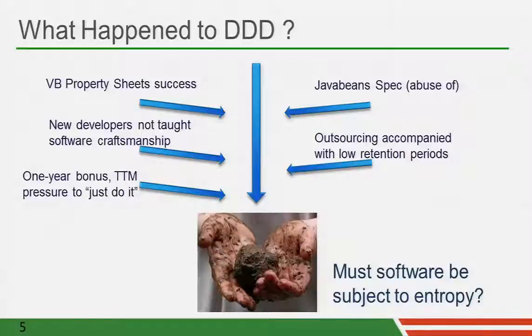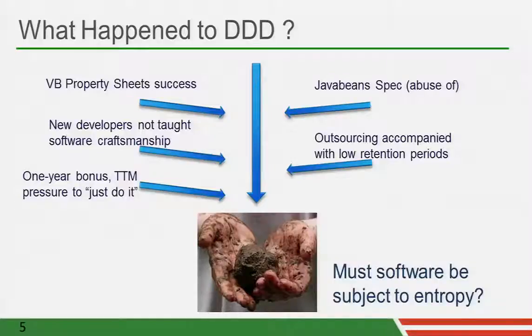Emphasis on quality. Outsourcing, companies with low retention periods, and the big one-year bonus over the last decades, because so many individuals, not just corporations, but over the last decade, a lot of individuals have been investing in the stock market, causing tremendous influx of cash and equity at the top, and so there's a lot of pressure. Hurry up, just do it, just get it done. How long is it going to take? And so people are under pressure to deliver software fast.